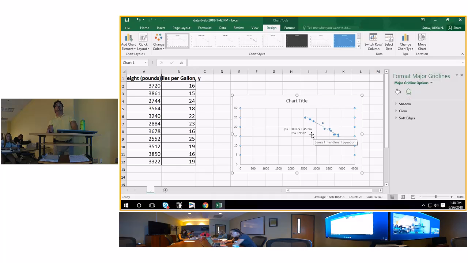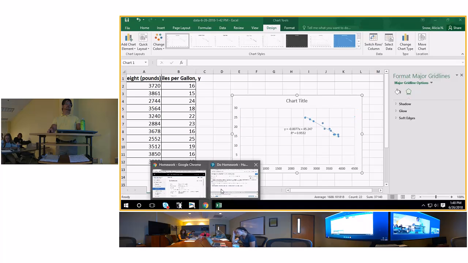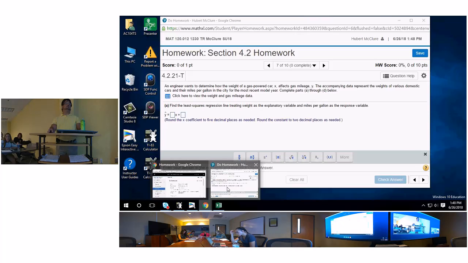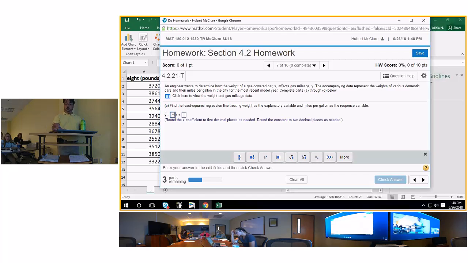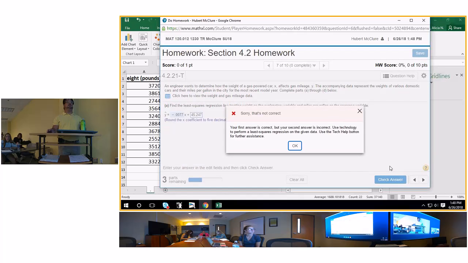I have to write it down. 0077, I think I can remember that part. 45.247. Negative 0.0077 and 45 point what? 247. Check answer.